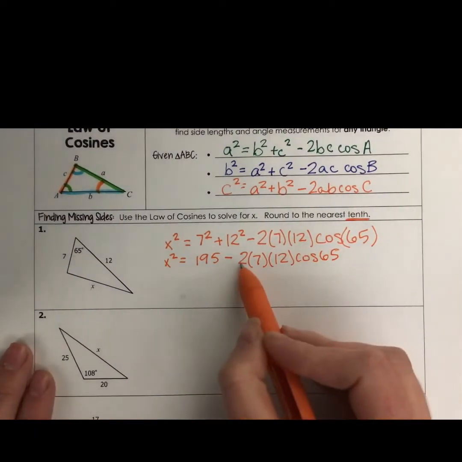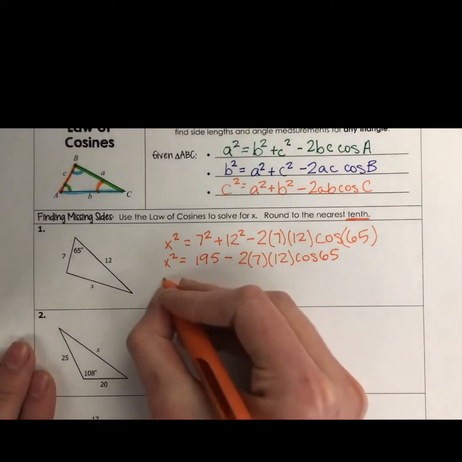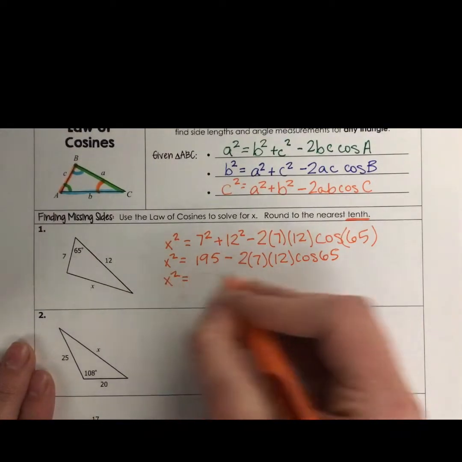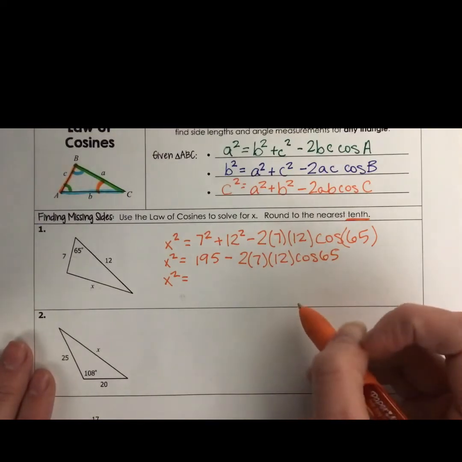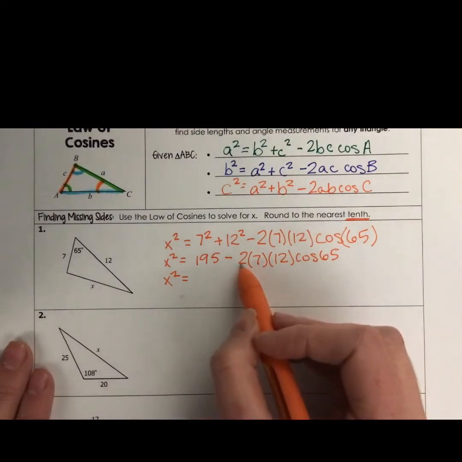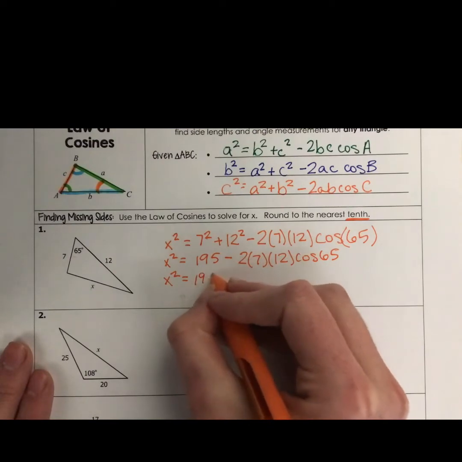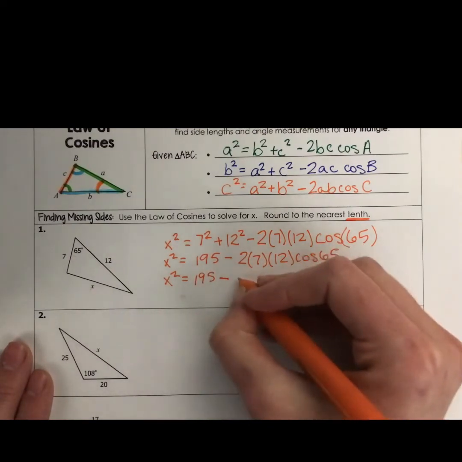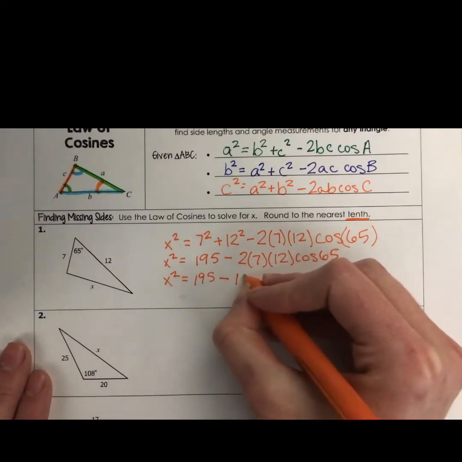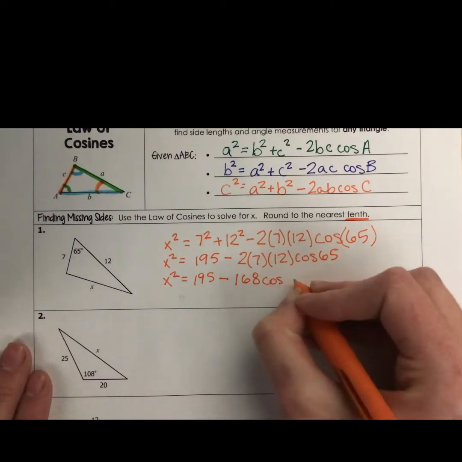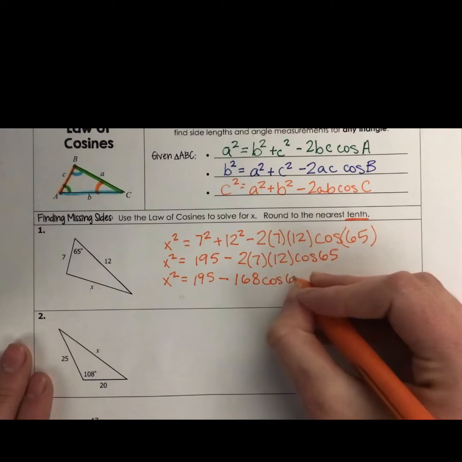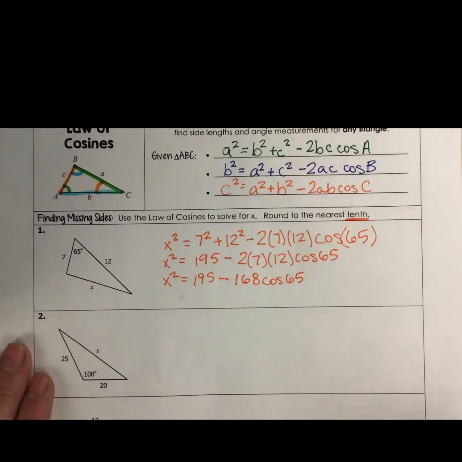And I can also multiply 2, 7, and 12 all together. x squared equals, well, 7 times 12 would give me 84. And then multiply that by 2, I have 193 minus 168 cosine of 65.